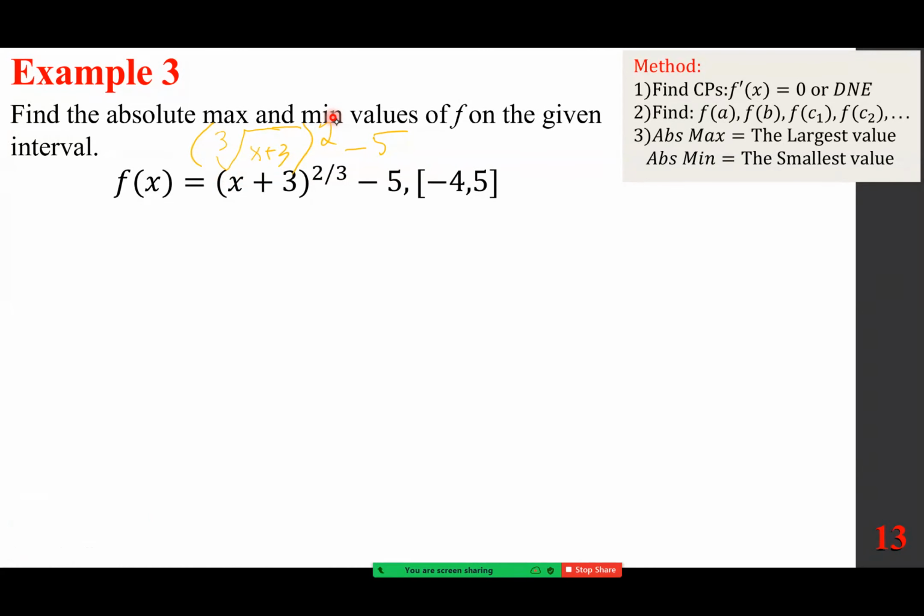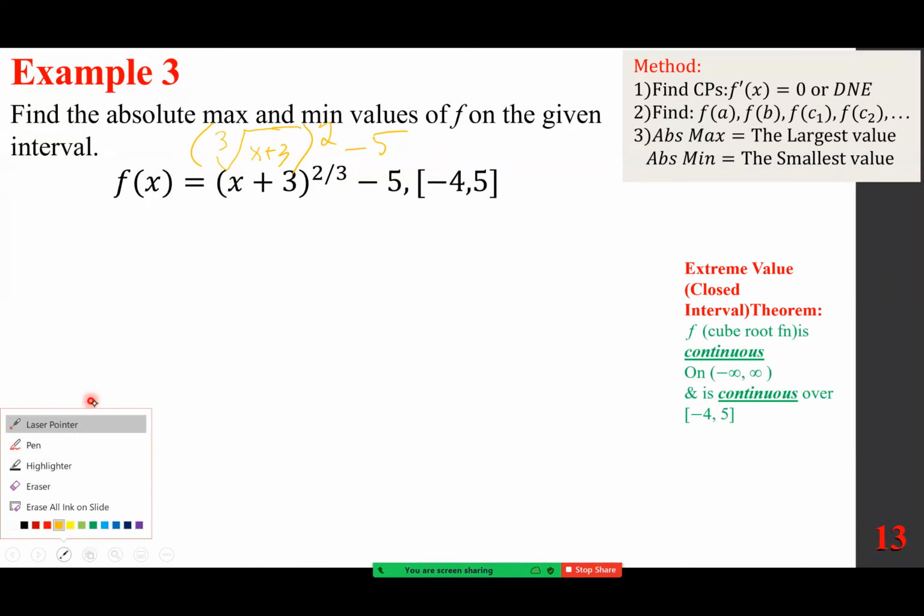Any cube root, the domain is all real numbers. Therefore, if the domain is all real numbers, which means continuous from negative to positive infinity, it is also continuous from -4 to 5.